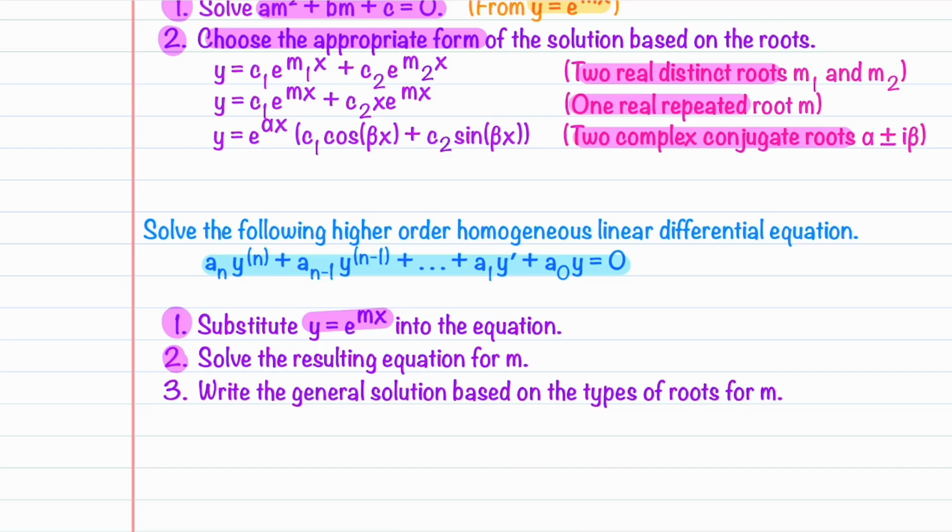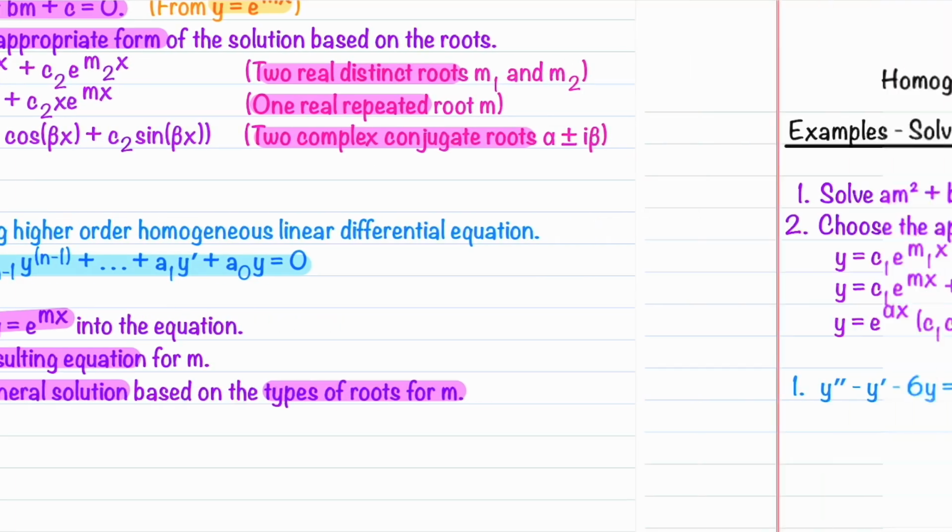In step 2, you're going to solve the resulting equation for m. And then in step 3, you're going to write the general solution, and you're going to base the general solution on the types of roots that you have for m. We'll walk through some examples so you can see exactly how that works.